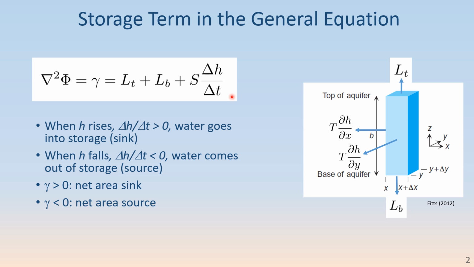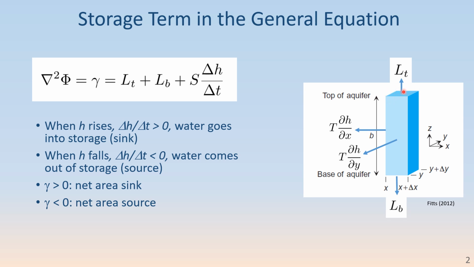So when head rises with time, this term is positive and the water goes into storage within our prism over here. And it's easy to conceive that in an unconfined aquifer, if we have head rising with time, the water table is rising and more water is being stored in the newly saturated materials at the top of the prism here.